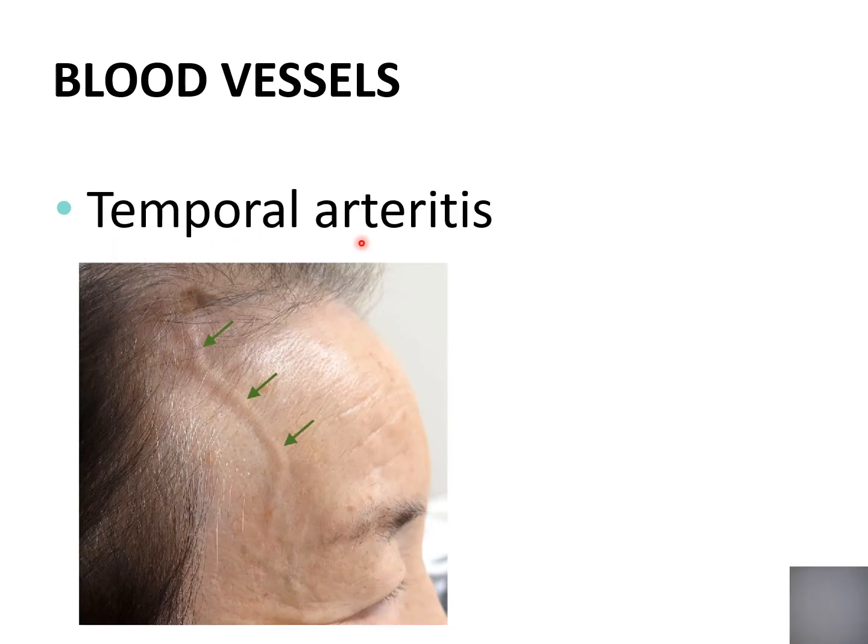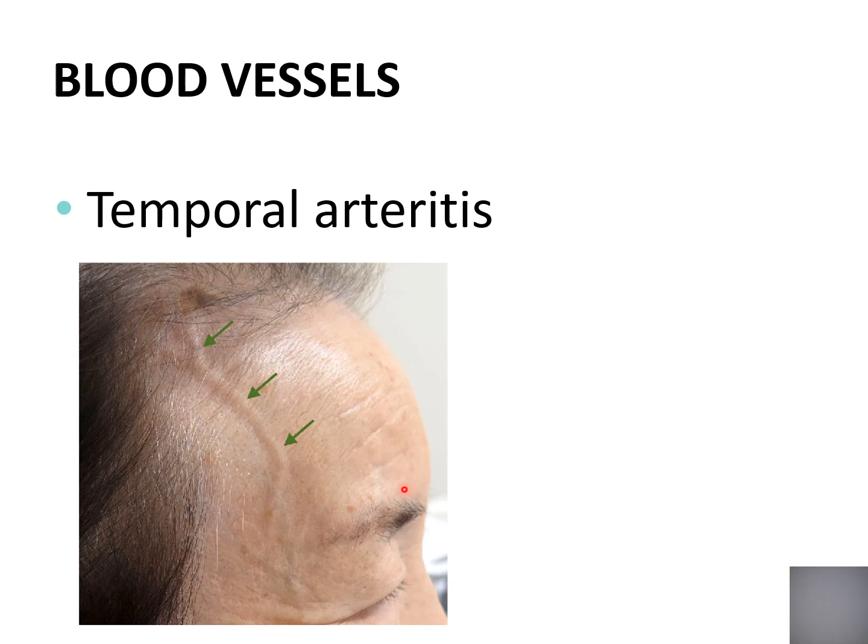Temporal arteritis is another type of vascular pain which may involve the head and neck region. It results from an autoimmune disorder which leads to vasculitis in the temporal artery. This disorder is commonly seen in women between 50 to 85 years of age and may present with intense aching and burning pain in the temporal region, and the pain may also radiate to the face.